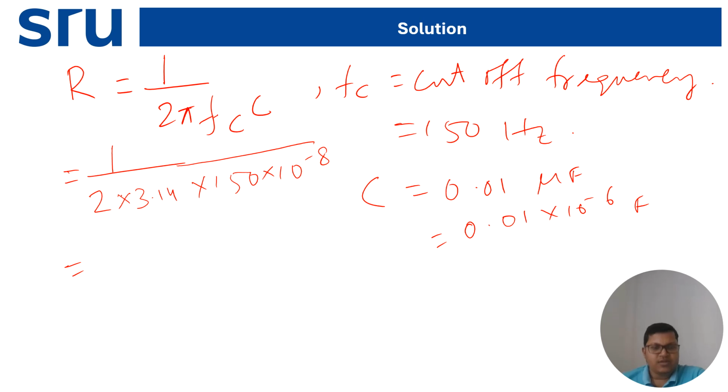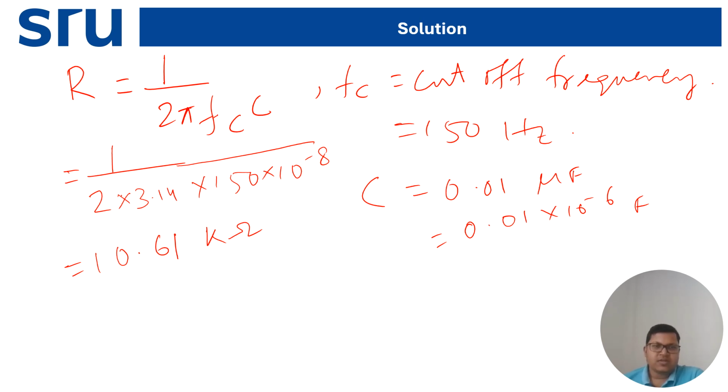Now we can solve this, and finally we get the value of the resistor as 10.61 kilo ohm. In the real world, the exact 10.61 may not be available, so we use 10 kilo ohm.